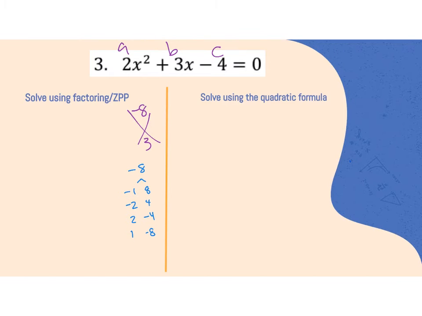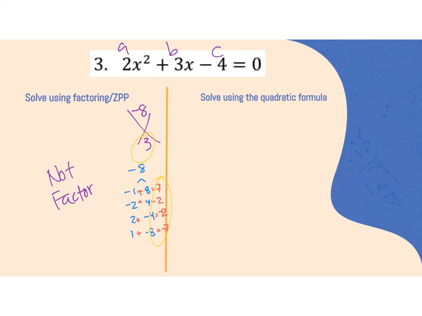If I add all of these, that's a 7, that's a 2, that's a negative 2, and that's a negative 7. So the thing here is I'm looking for 3. None of these are 3, so then this is not factorable.